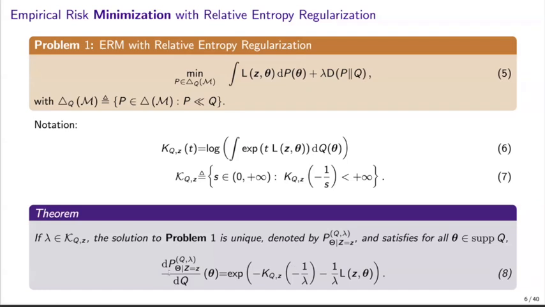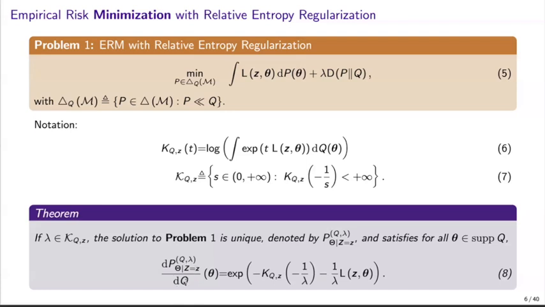In case you don't remember what the Radon-Nikodym derivative is, let me tell you. If Q is chosen to be the Lebesgue measure, all this left-hand side is simply the probability density function of the solution. If Q, the reference measure, is the counting measure, for instance, then the left-hand side is going to be the probability mass function.